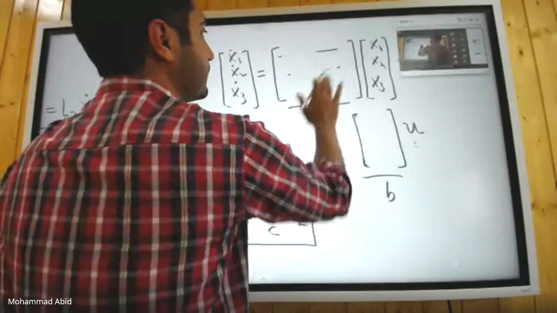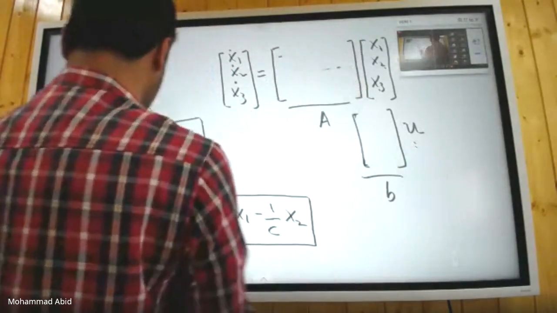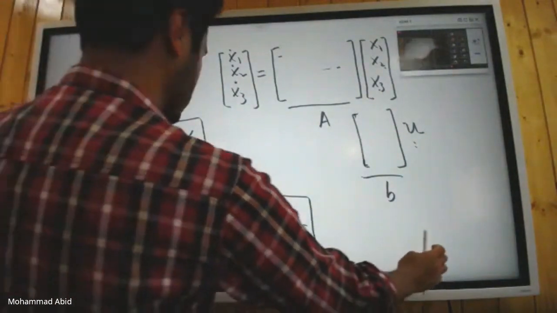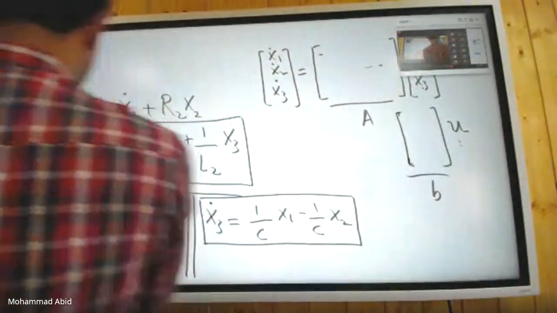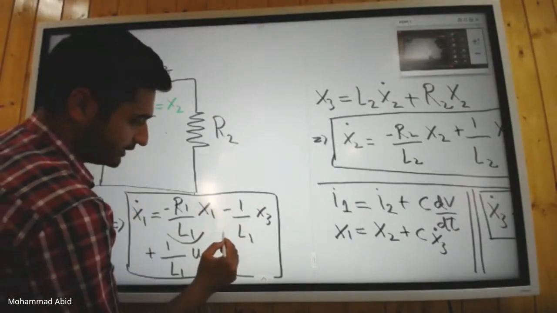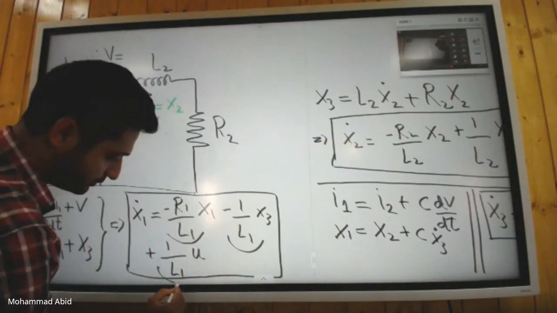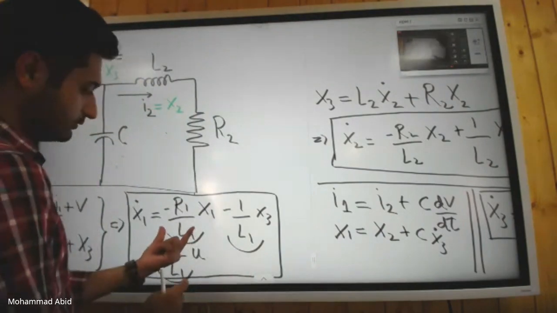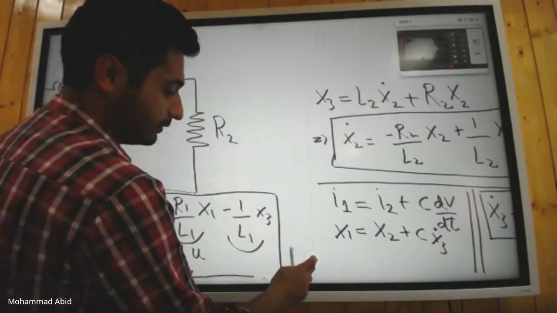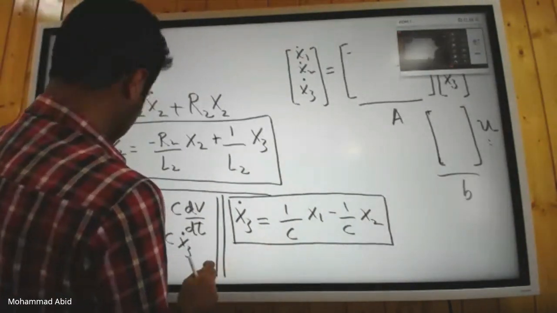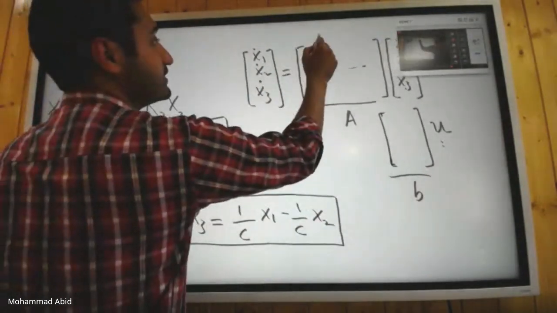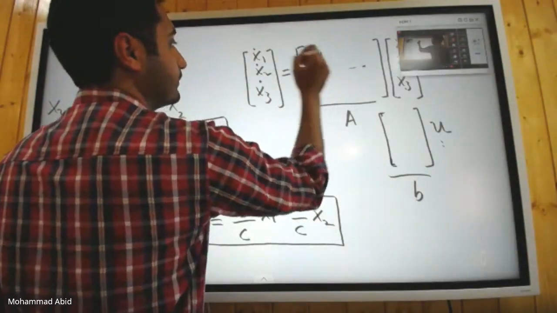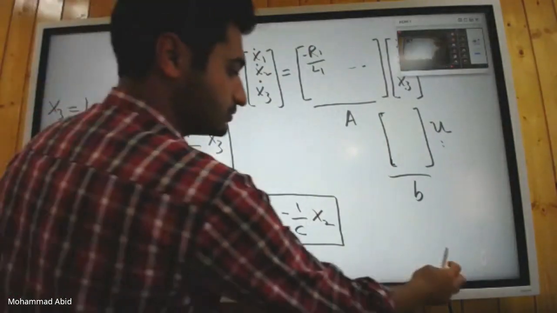So what's the equation for x1? Where have I written that? Minus R1 by L1. Yes, this is the relation with x1. This is the relation with x3, and this is the relation with U. There is no relation with x2. So for the term of x1, just write minus R1 by L1, and there's no relation with x2.